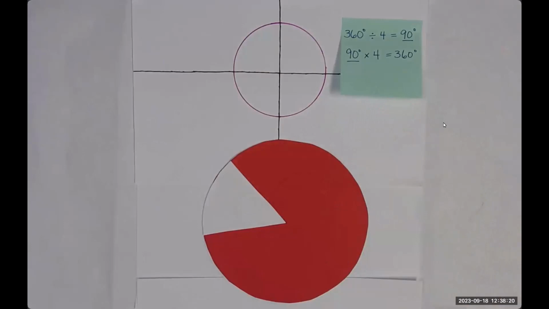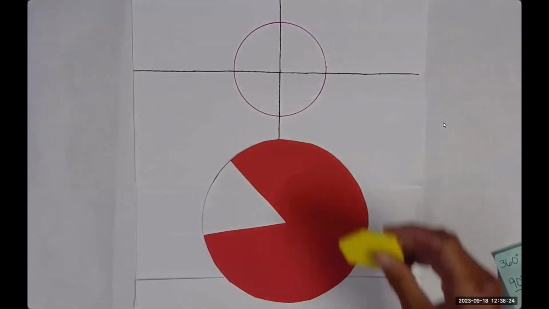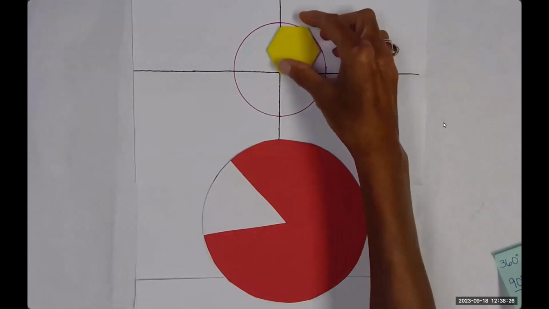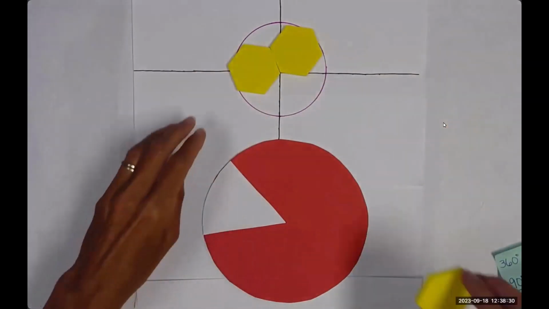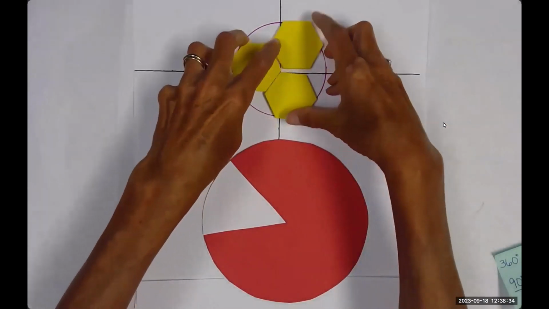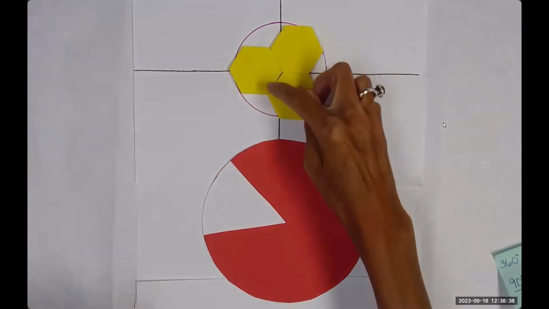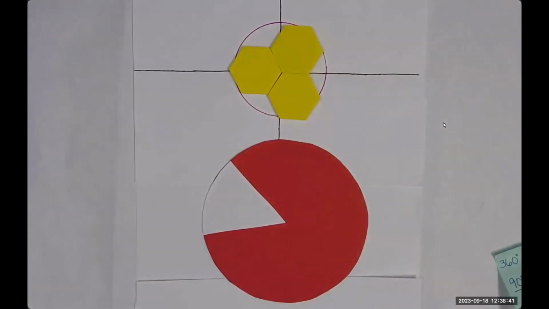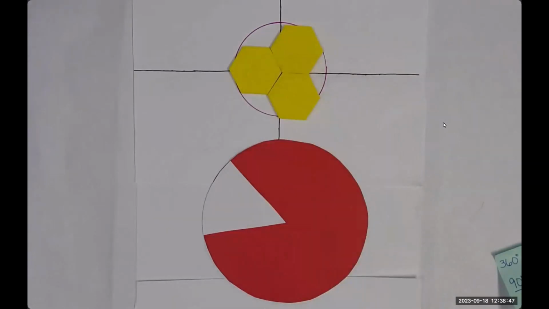Okay. But what about if we had hexagons? If we place hexagons around the center of this circle, we can see that there are 3 rotations that are the same exact fractional amount. Right? I can see there are 3 rotations.